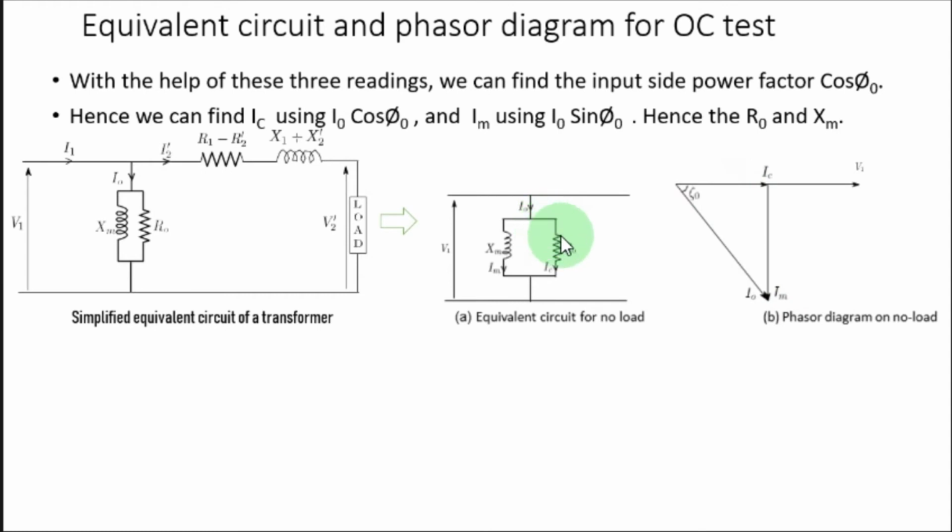IC is the current going through R naught, and IM is the current going through XM. So I naught is basically IC plus IM, and IC and voltage are in phase, because IC is the current through the resistor, and this is an inductor, so IM is perpendicular to the voltage, right? So this is the phasor diagram for that open circuit no load test.